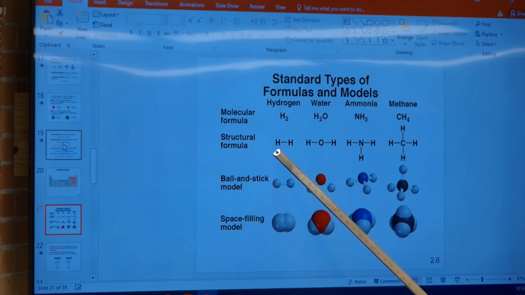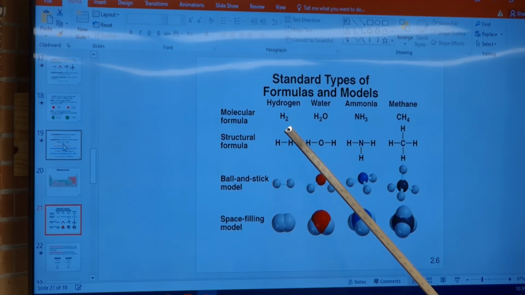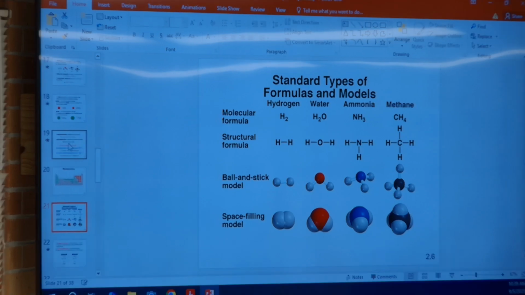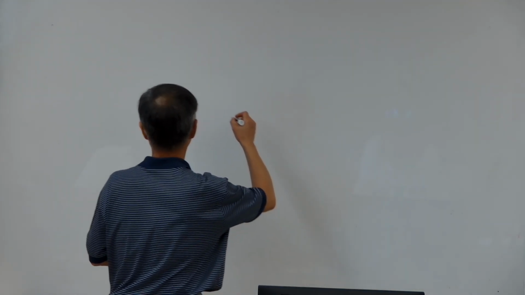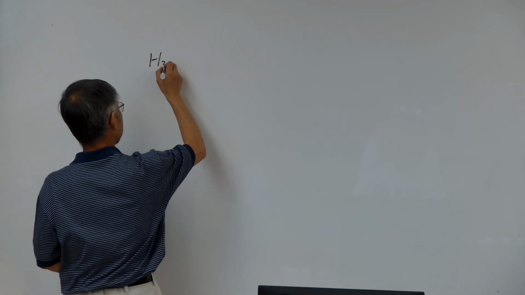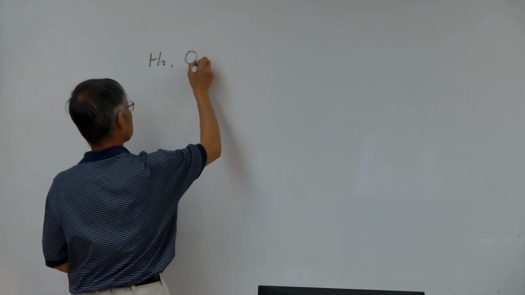Hydrogen molecule: 2 hydrogen atoms bond with each other. This 2 is in the lower corner. Okay, lower corner. We call it a subscript number. Like this, H2 or O2.